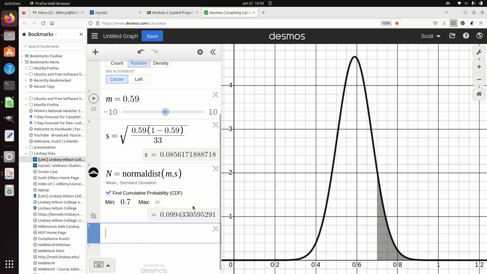All right, but that's how we create our normal distribution for our sampling population here, and then how we check, based on this sampling population, or our null hypothesis, to determine our p-value for our data.